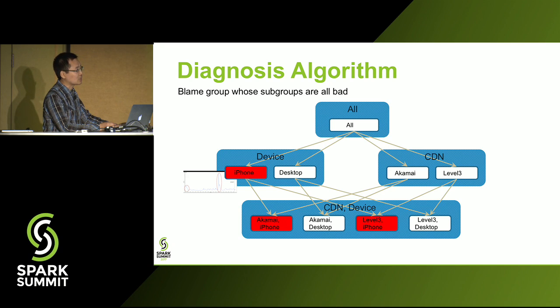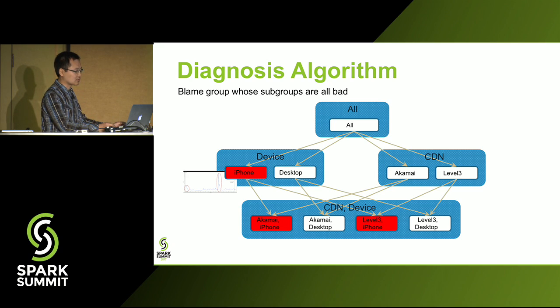This split means among all the video sessions played on iPhone, part of them stream from CDN Alchemy, and part of them stream from CDN Level 3. So basically, the parent group iPhone is a union of all its subgroups. This basically provides a searching structure for the diagnosis algorithm.